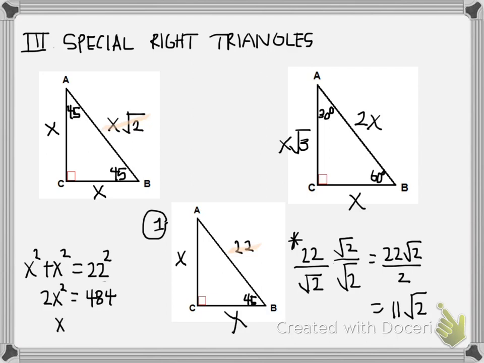So x squared is going to be equal to 242. Then I would take the square root of both sides, so the square root of 242 is going to give you 11 square root of 2. So there's two ways to think about it using this special triangle.